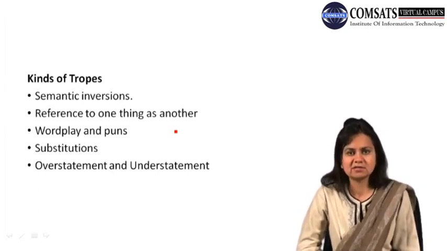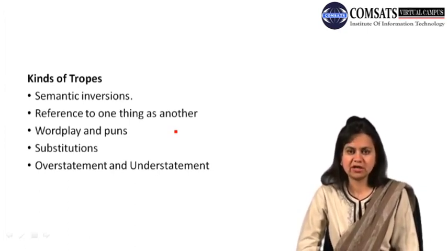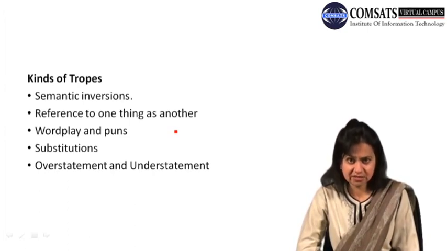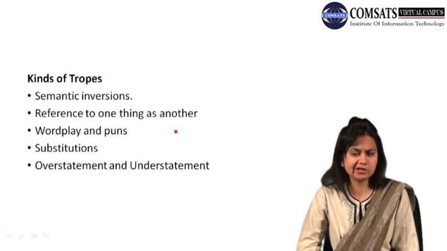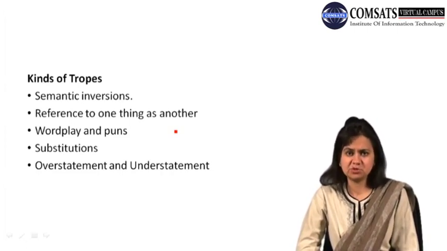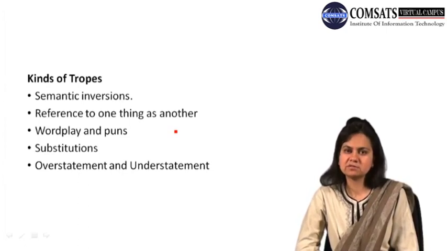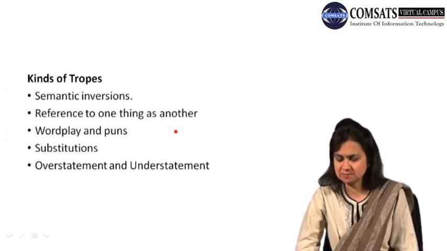And also there can be such tropes which exaggerate some idea, increase its intensity, and may be labeled as overstatement or hyperbole. Or there can be understatement too, where the meaning is diminished or lessened. So these are the various types of tropes, ranging from semantic inversion to wordplay, pun, substitution, inversion, as well as overstatement and understatement.